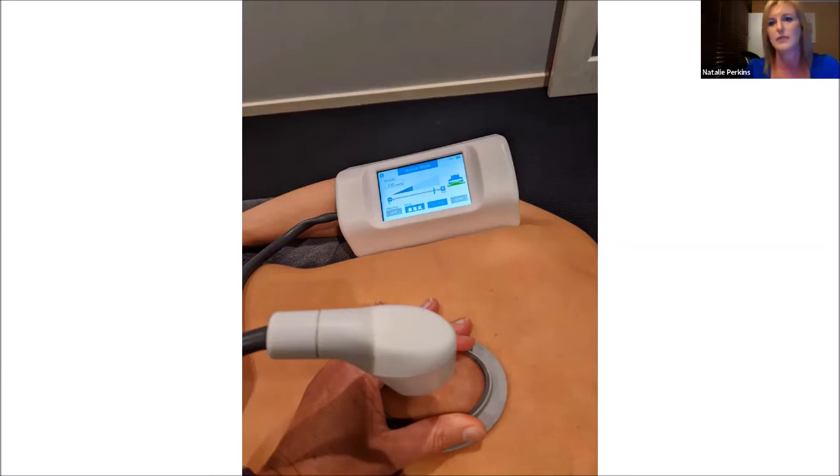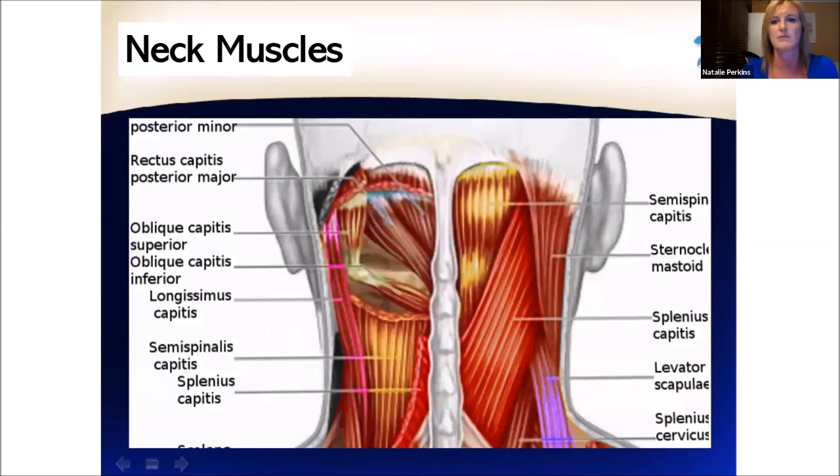Okay, if we have another look at the deeper neck muscles then, to remind you, you'll recall that semispinalis capitis lies underneath the upper trapezius and over the top of the suboccipital muscles, and our greater occipital nerve pierces through the semispinalis capitis. Again, probably not telling you something you don't already know, but that greater occipital nerve is deemed to be one of the most common causes for headaches, certainly up the back of the head.